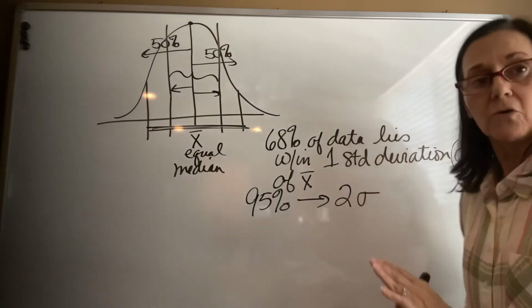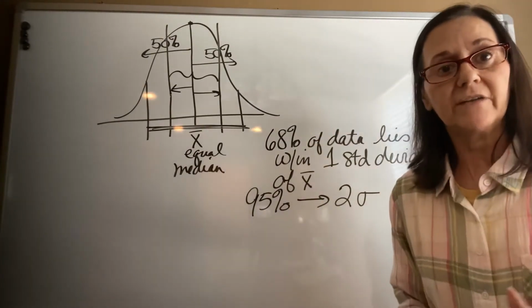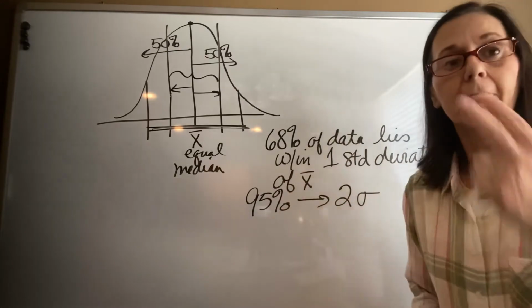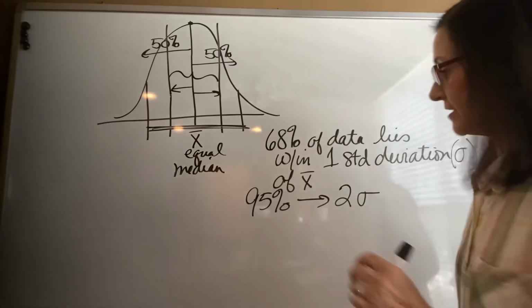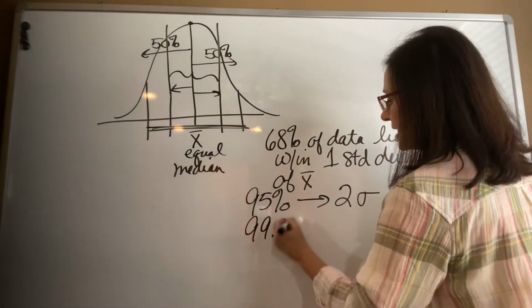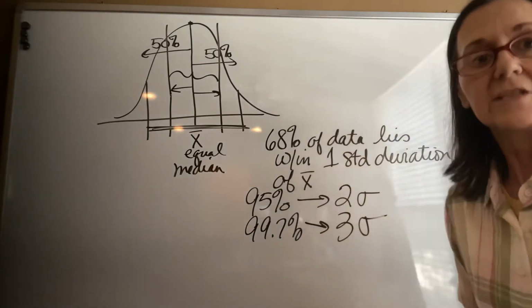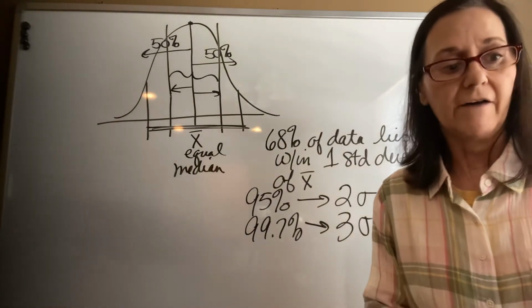So this is the empirical rule, which you will have to memorize. 68% within one standard deviation, 95% within two standard deviations of the mean. And then finally, 99.7% of the data lies within three standard deviations of the mean.